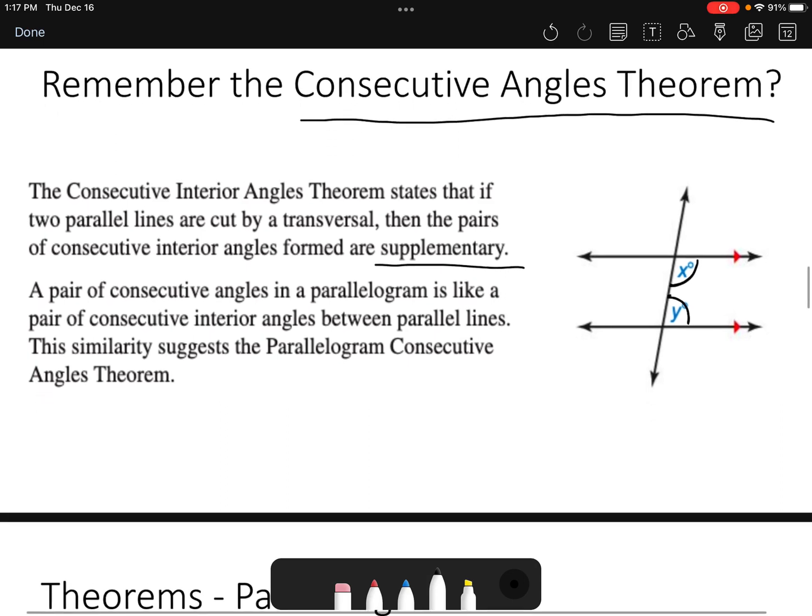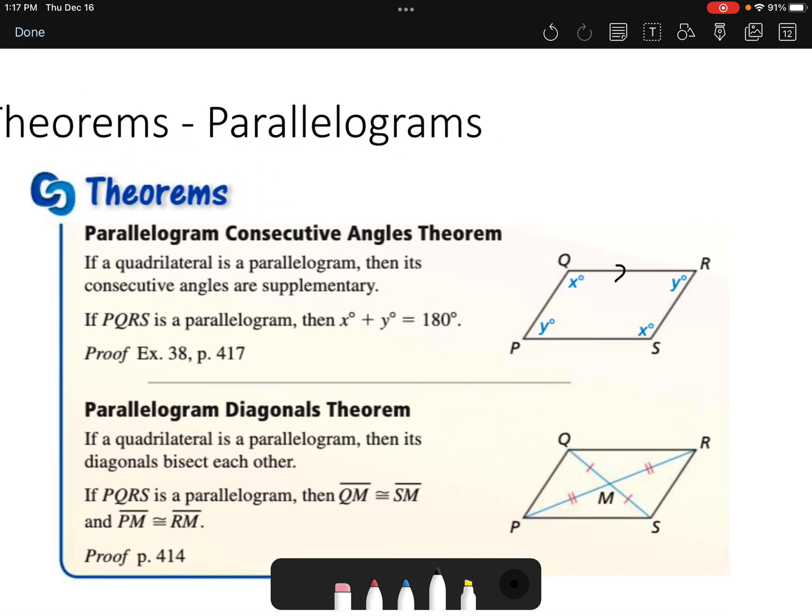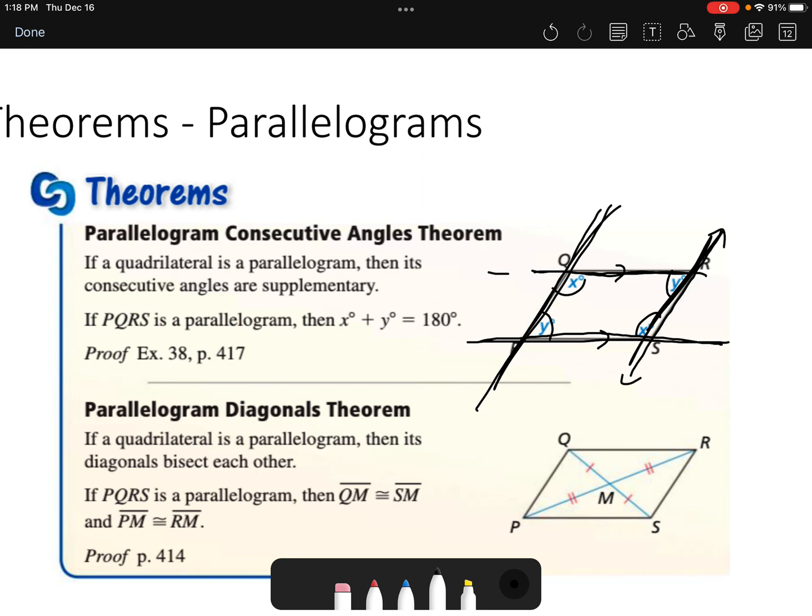Well, remember parallelograms have two pairs of opposite sides parallel. So if you think about this then, here's a parallel line, here's a transversal. So these two are supplementary. These are parallel, right? Another transversal. Those are supplementary. These are parallel. This is a transversal, so these are supplementary.